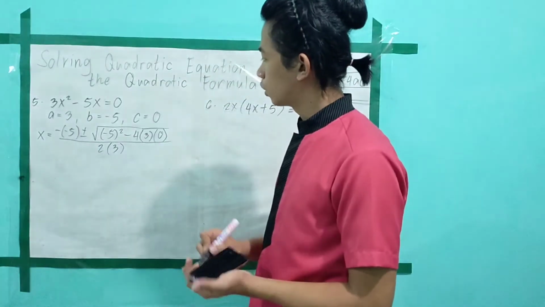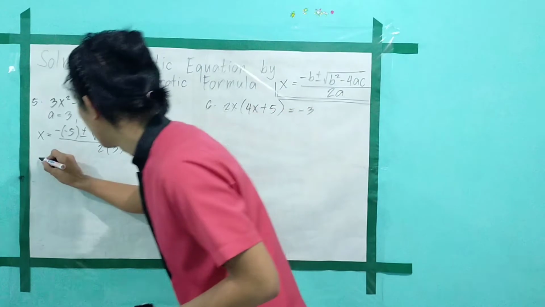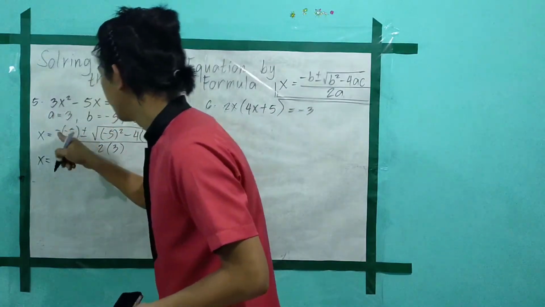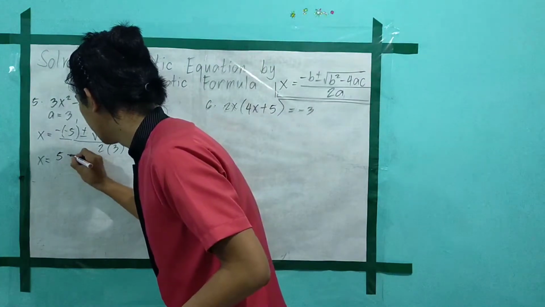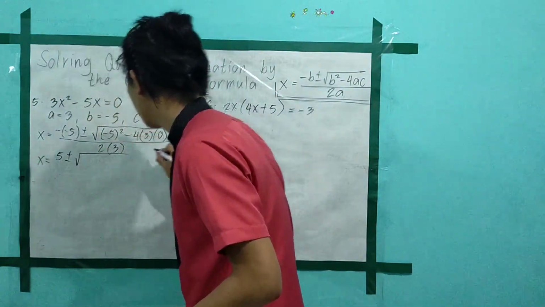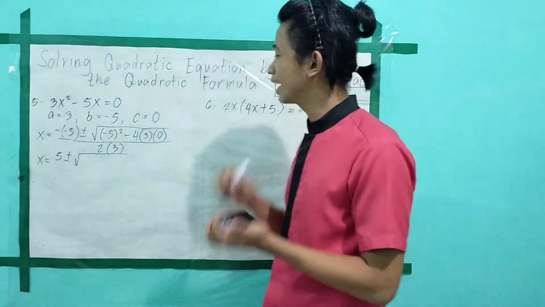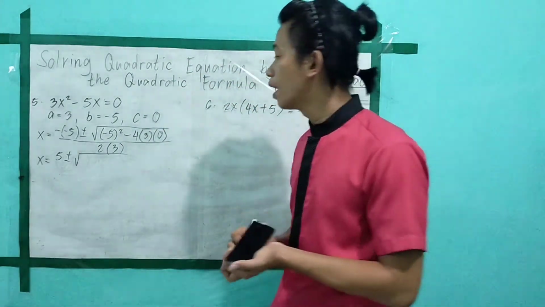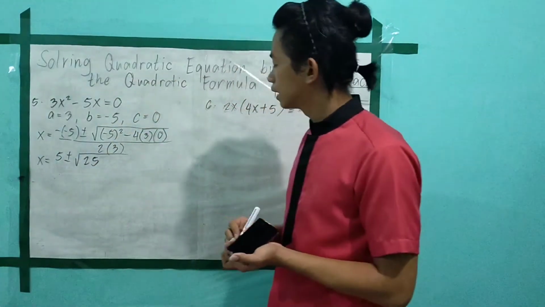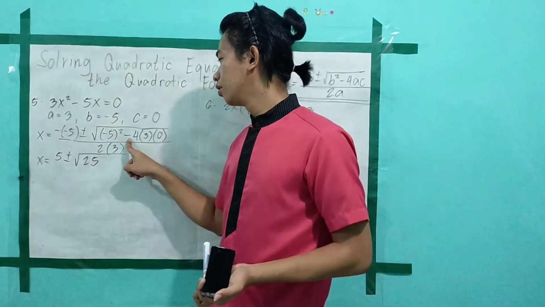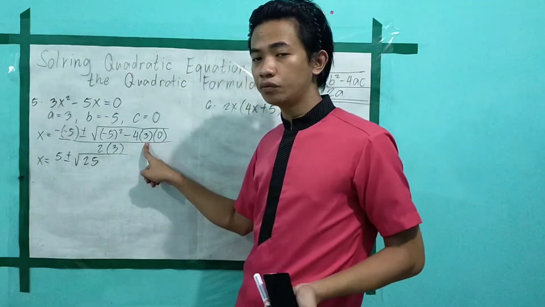Okay? So, since na-substitute na natin, simplify naman natin. X is equal to negative multiplied by negative 5, we have positive 5. Plus, minus, square root of negative 5 multiplied by negative 5, or negative 5 squared. We have positive 25. Next, negative 4 multiplied by 3, we have negative 12.